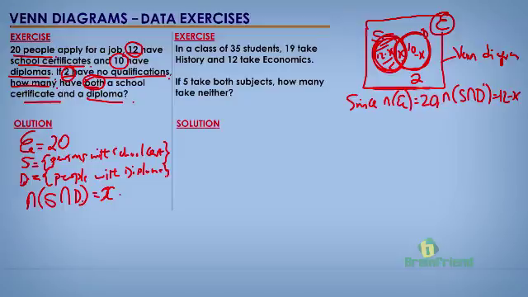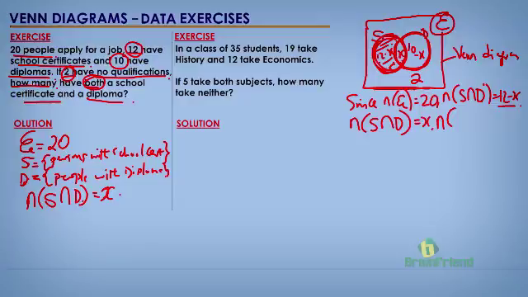This region is the intersection of our set S and the complement of D, which is all of this region outside of D. That intersection is our shaded region here, 12 minus X. Also, the cardinality of S intersection D, which is the number of persons that have both certificate and diploma, is the unknown that we look for, and that's X.